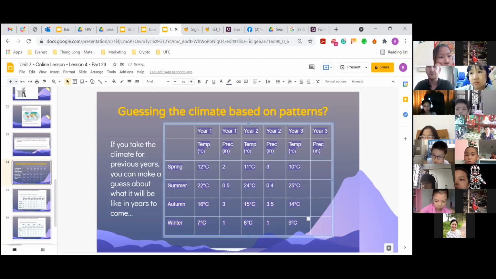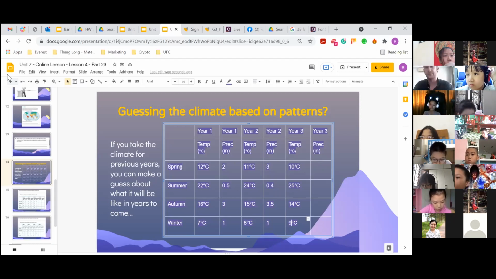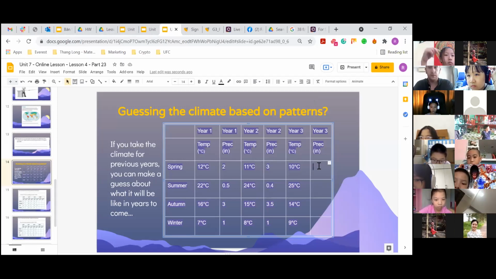So let's do precipitation. What do you think the precipitation will be, Leo, in spring? We've had 2, 3. What do you think it will be in year 3? Average of 2 and 3.